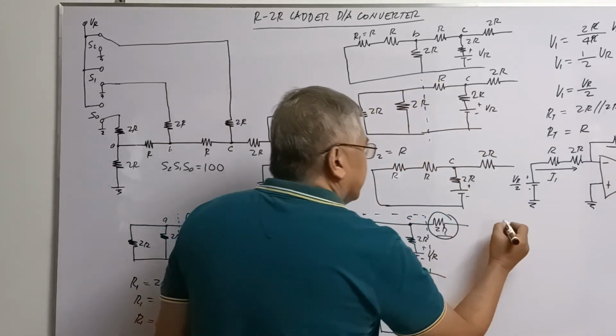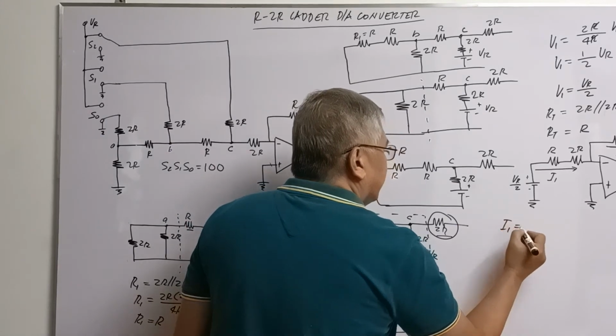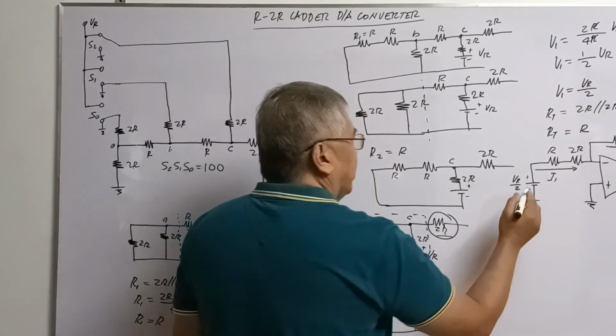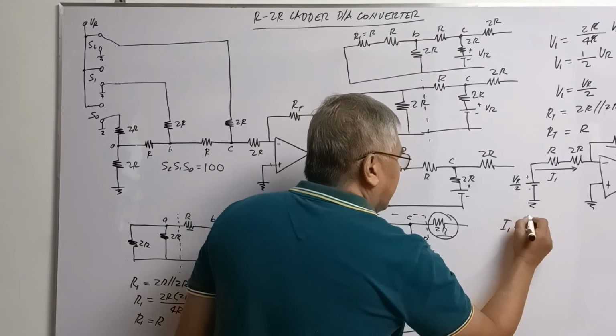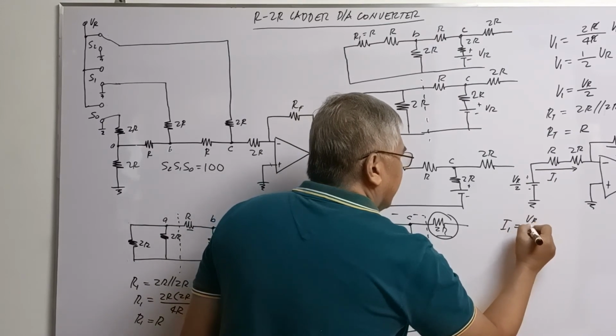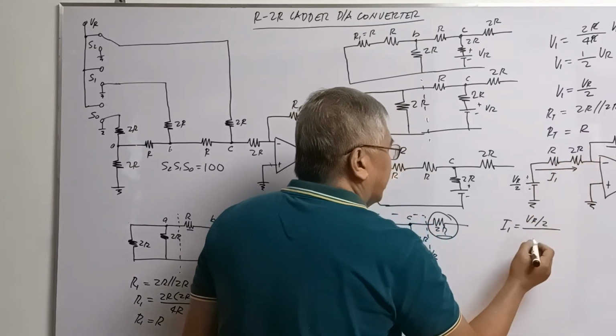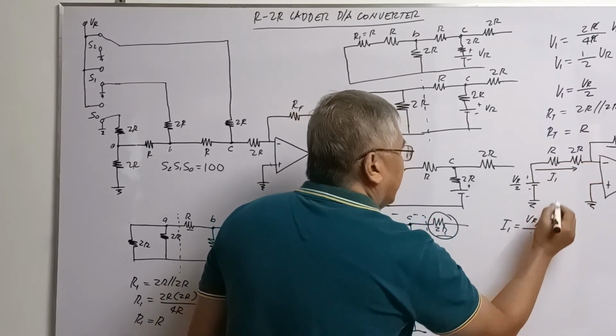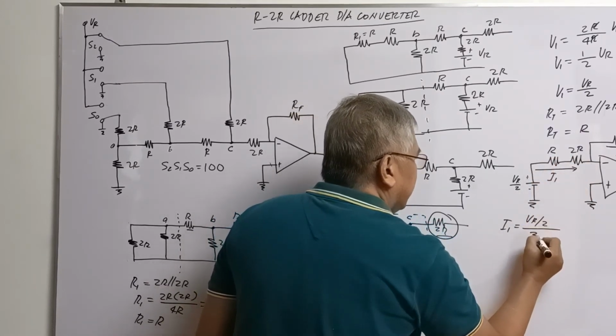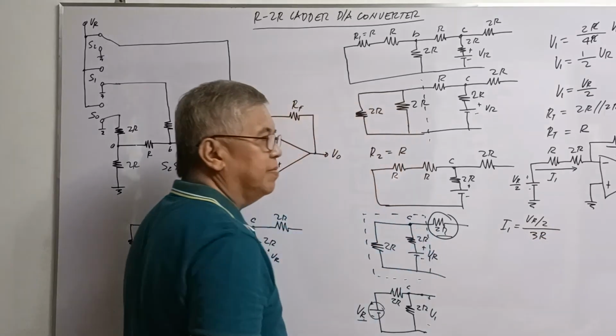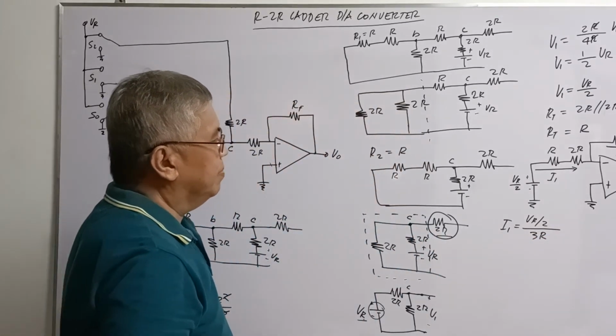So, we know that I1 is equal to what? VR over 2 divided by the total resistance. R plus 2R is 3R. Okay?